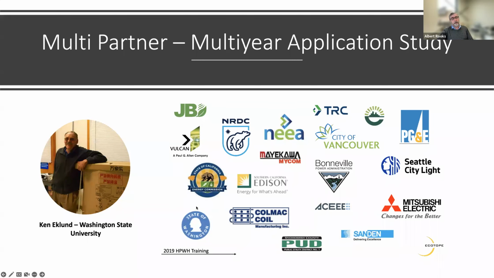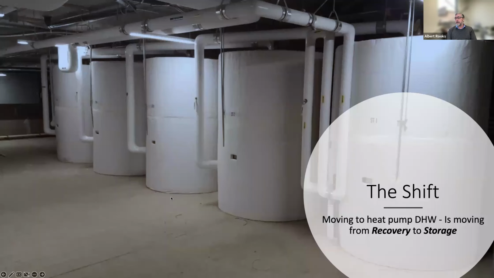So a lot of industry partners, a lot of policy changes, and today we know quite a lot, and we've gotten to the point where we can adopt central heat pump water heaters across the industry. So with that, we'll start looking at how we apply these onto a building.